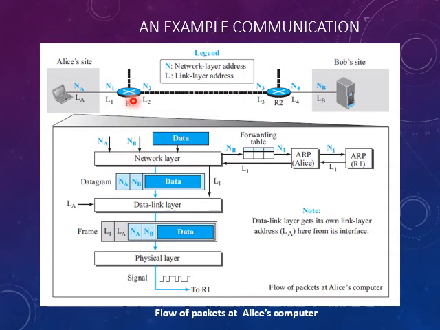So here we have R1. R1 sends the reply as L1. It tells that L1 is the immediate link layer destination. Okay, so the L1 address is given back. So now we have the destination link layer address, source link layer address, source network address, and destination network address.